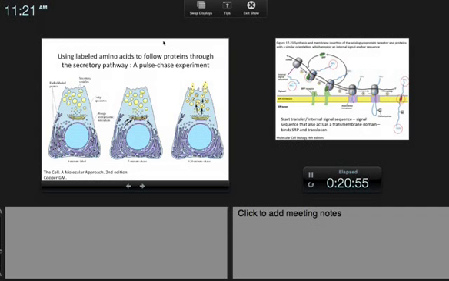Is the signal sequence always going to be the same, or are there different codes for it? Is the signal sequence conserved? That's your question, right? I think they're fairly conserved because if you think about it, how many SRPs are there? I believe there's probably only one SRP. Maybe there's more. Maybe there's a few.